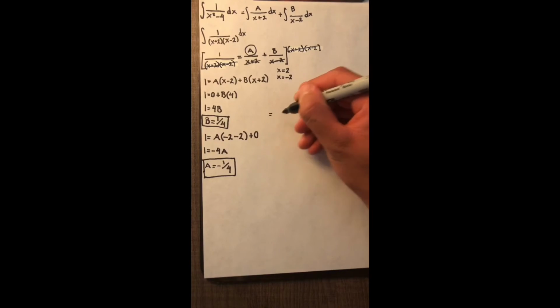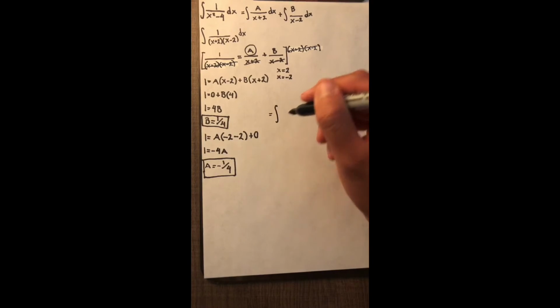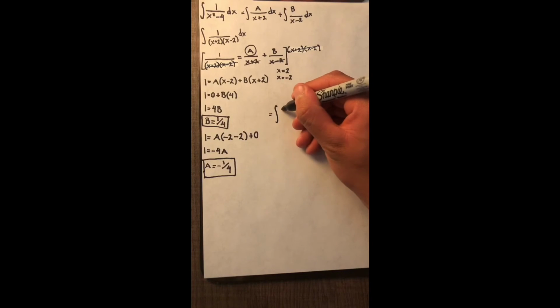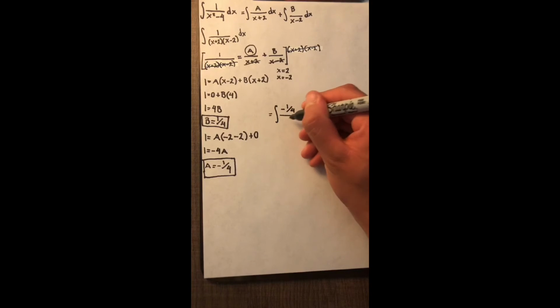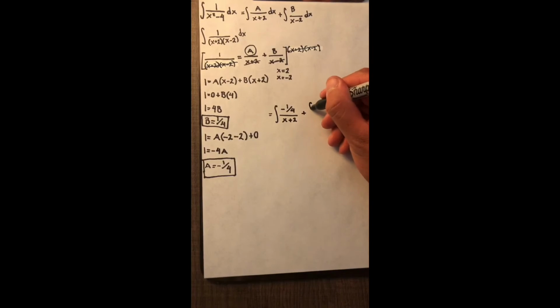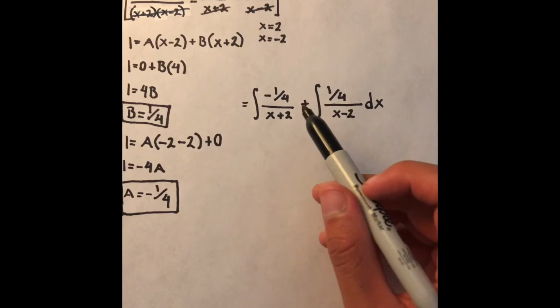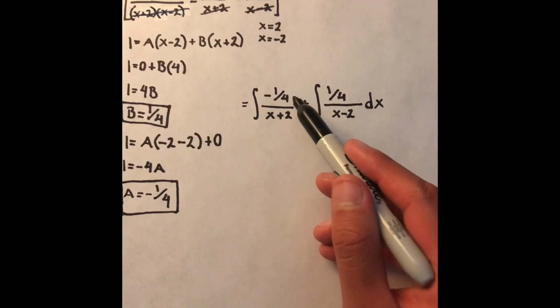It's going to be equal to -1 over 4 over x plus 2, plus 1 over 4 over x minus 2, dx. And now we're going to take these constants to the front.